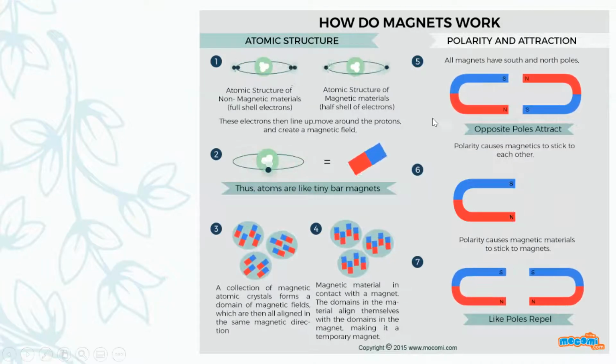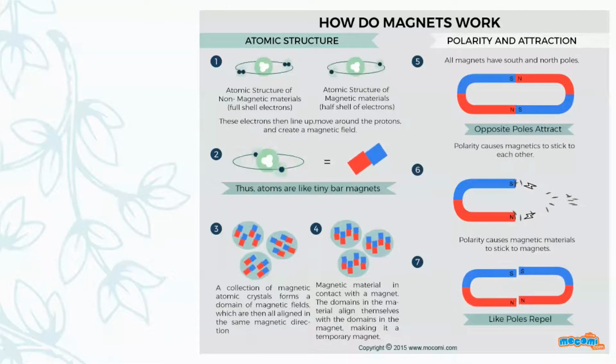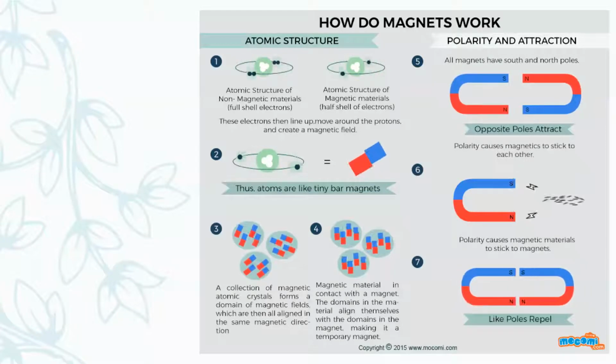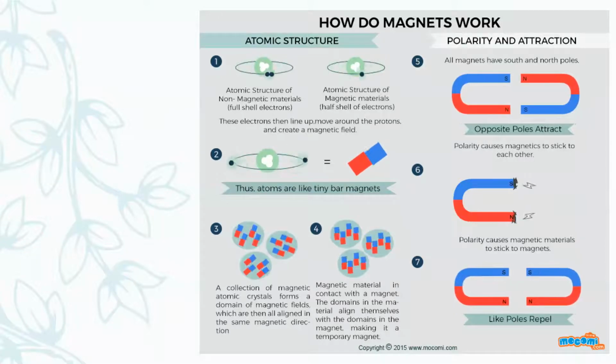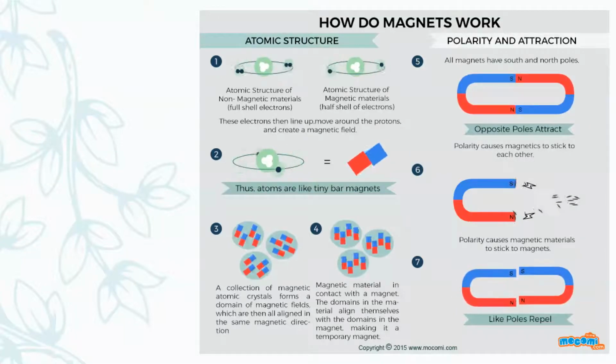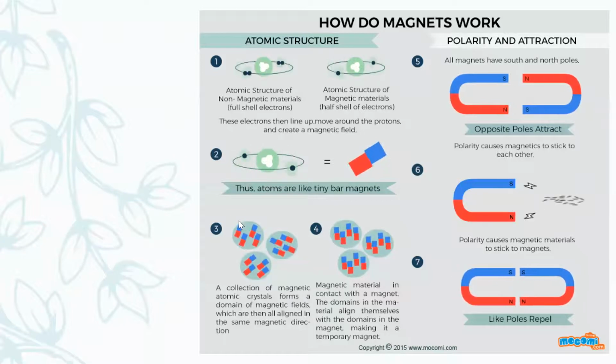And these are the so-called half-shell electronic configuration, so we can say these are magnetic materials. All the materials in which the outermost shells are completed, we can say are non-magnetic materials. Come towards the second point.